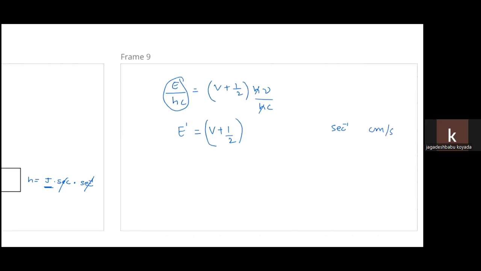So these two cancel, and the unit is centimeter inverse.